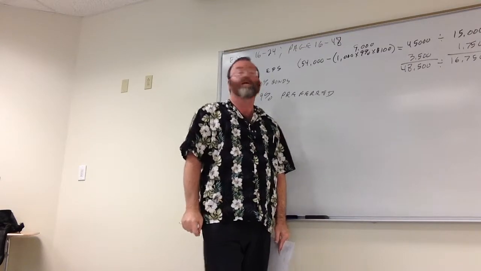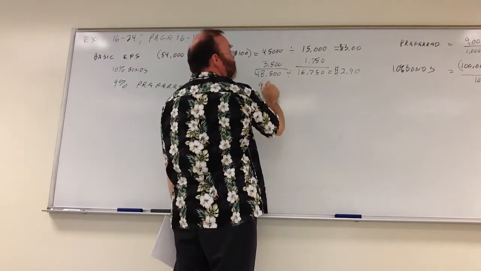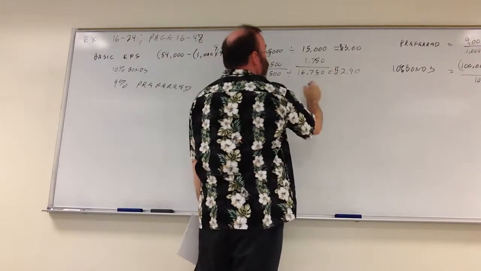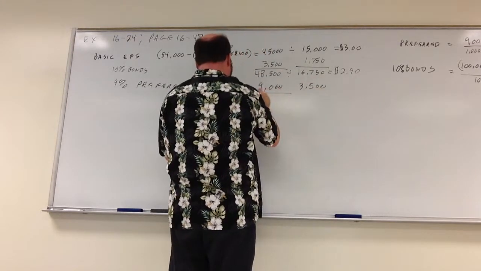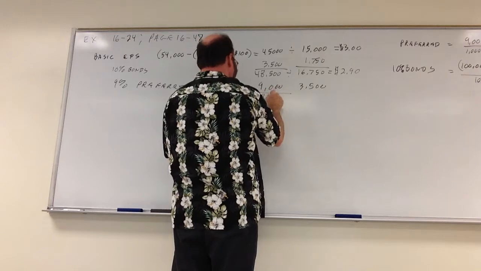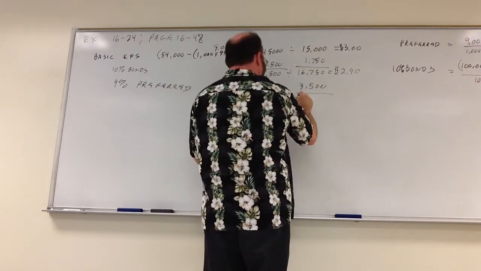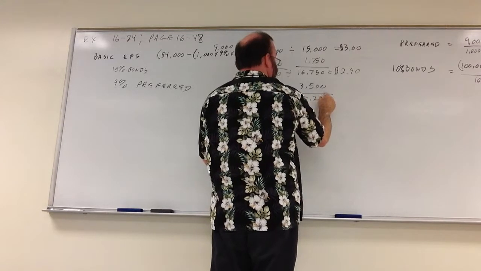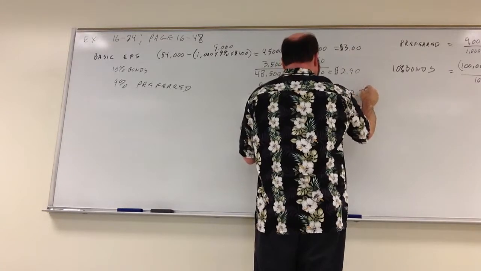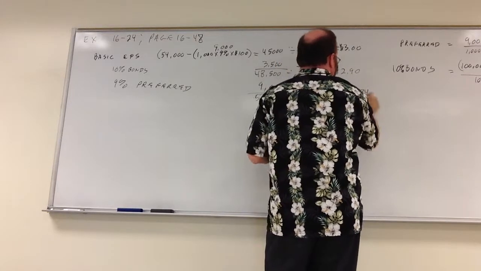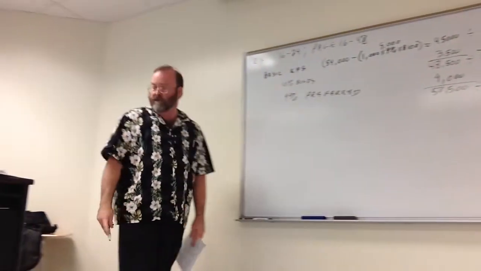All right? So we add the numerator of 9,000 and the denominator of 3,500, and we get 57,500 divided by 20,250. And that is $2.84, and that is our reported fully diluted earnings per share.